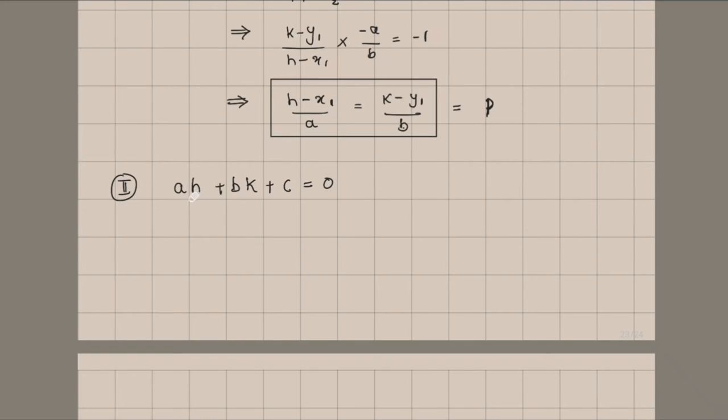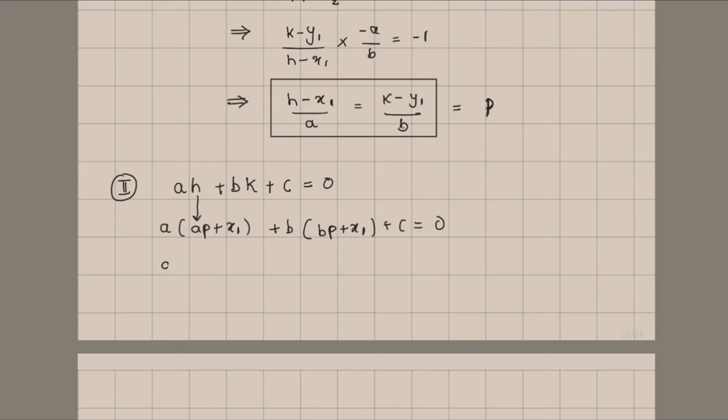What is h here? From the previous equation, we can say that h is ap plus x1. So a into h is a squared p plus a x1. Similarly, k is bp plus y1, plus c equals 0.